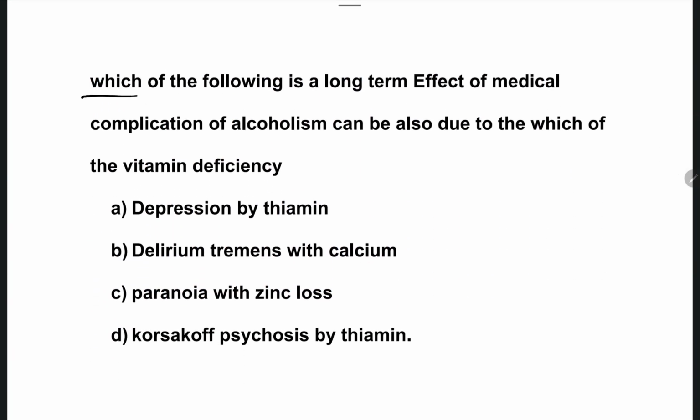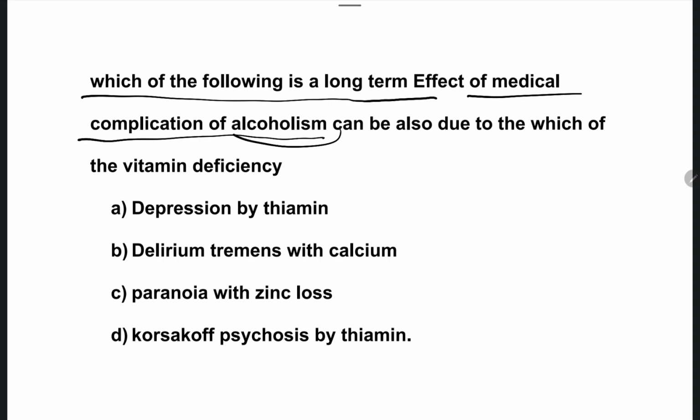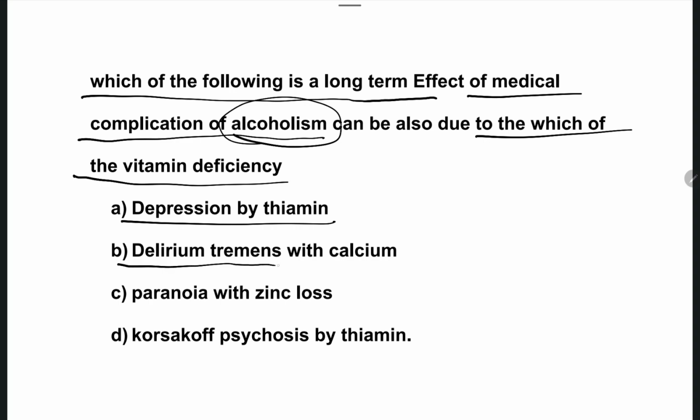The next one is, which of the following is a long-term effect or medical complication of alcoholism and can also be due to which vitamin deficiency? Option A, depression by thiamine. Option B, delirium tremens with calcium. Option C, paranoia with zinc loss. Option D, Korsakoff psychosis by thiamine.